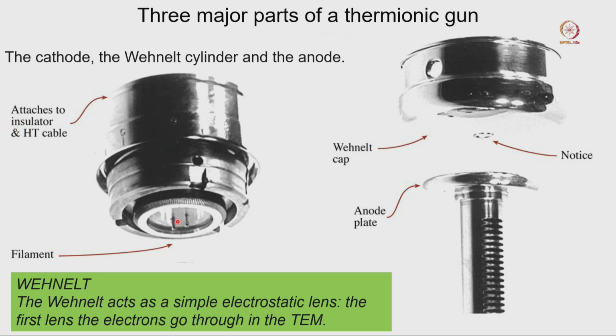Here this is the filament cable, and this is the filament, which is attached to the high tension cable. This is the filament tip, and there is a cap which will go and cover this particular area. This is called the Wehnelt cap, and your filament will come out from here, and at the top you have the anode plate like this.